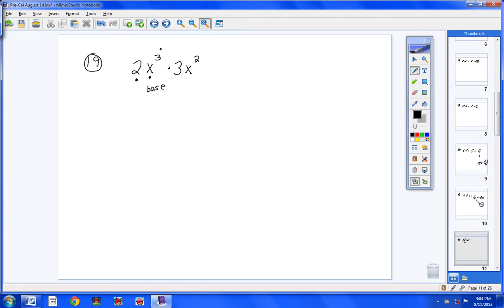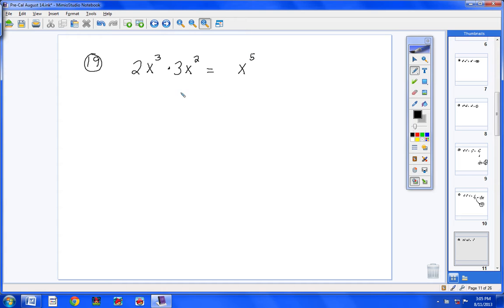Now, if you'll look carefully at what we have, please watch this. We have 2x cubed times 3x squared. Now, obviously, we have an x times x, and you should know what to do with that. We've just done a bunch of those. Whenever you're multiplying like bases, you write the like base 1 time and you add the exponents.